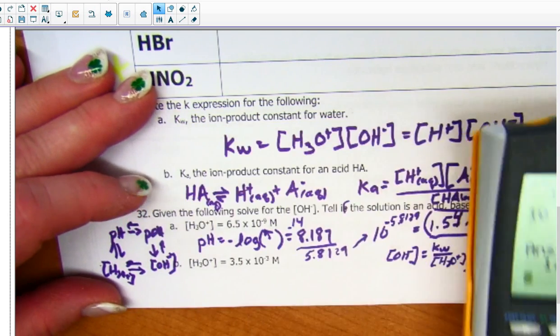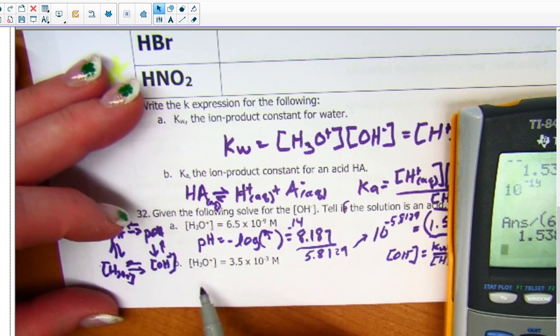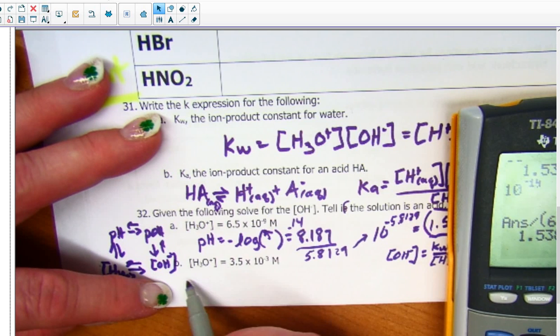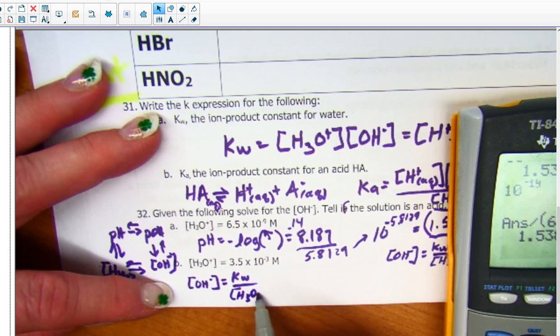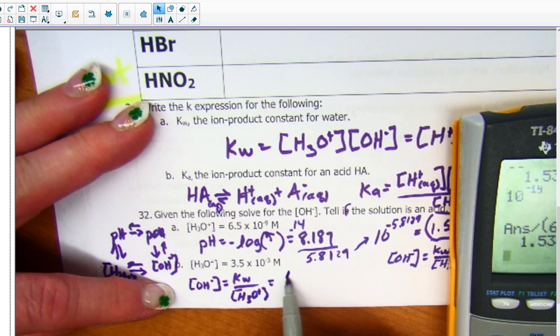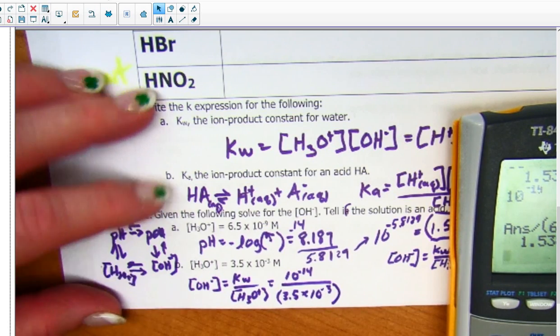Okay? I'm going to do it that way here on this next one, just because it's a lot simpler and I'm running out of room. So again, the concentration of hydroxide is equal to Kw divided by the concentration of H3O+. So 10 to the minus 14 divided by 3.5 times 10 to the minus 3 in parentheses.